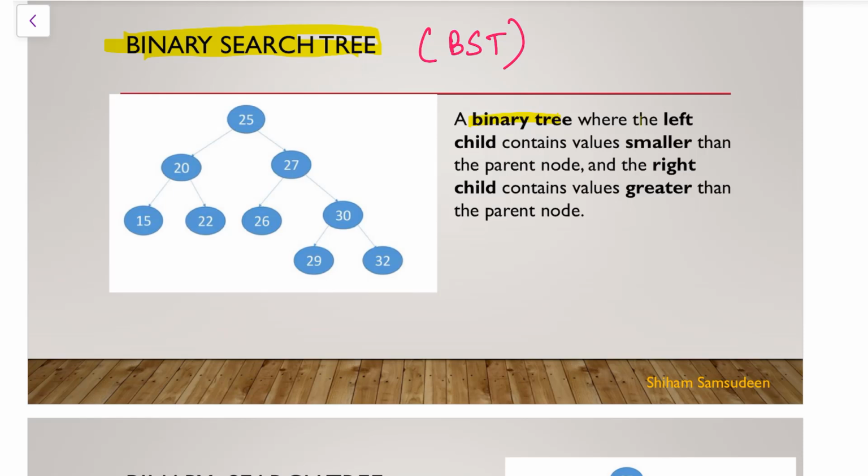So it is a binary tree where the left child contains values smaller than the parent node, and the right child contains values greater than the parent node. So what this means is, in a binary search tree, whenever you take a node, to the left, you see 20 should be less than 25. So the left child should be less than the parent, and the right child should be greater than the parent, right?